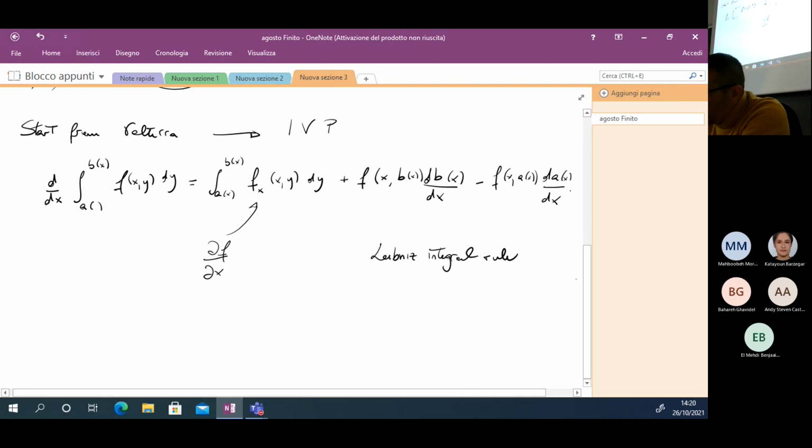For example, let me consider the following Voltaire equation, which is the one that we found yesterday when we transformed the first order initial value problem into the Voltaire equation. Was this equation here?